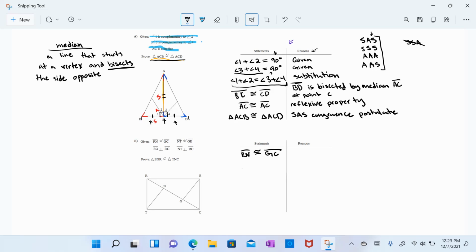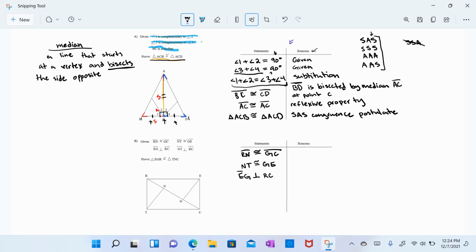We know that line NT is congruent to GE, and we know that EG is perpendicular to RC. And all that means is that they create a right angle where they touch or intersect.